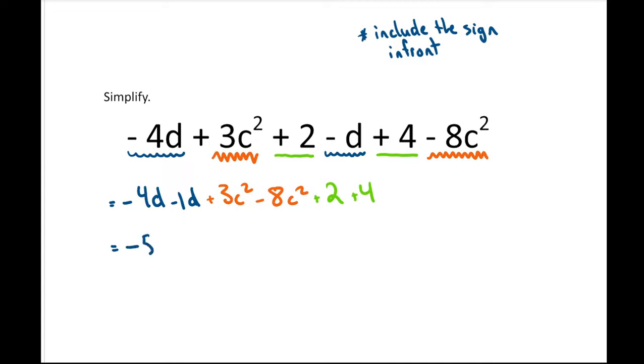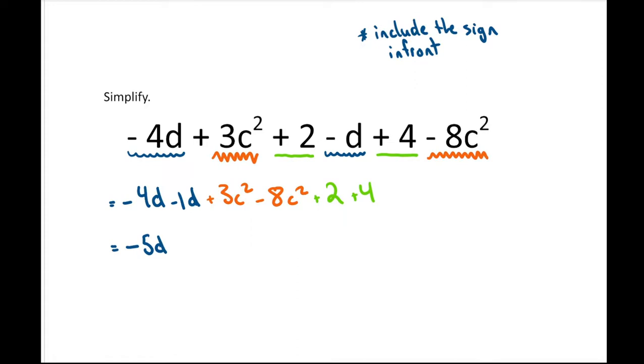I get negative 5d. You shouldn't ever lose the letter unless, whenever you add or subtract, you end up with 0. That d, or that variable, whatever that letter happens to be, should always carry over as a placeholder. It should always just kind of remain there.